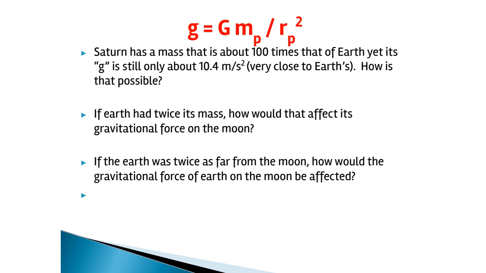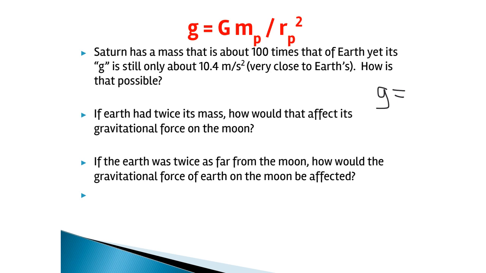Saturn has a mass that is about 100 times that of Earth, yet its g is still only about 10.4 meters per second squared, which is very close to Earth's. How is that possible? If the Earth had twice its mass, how would that affect the gravitational force on the moon?